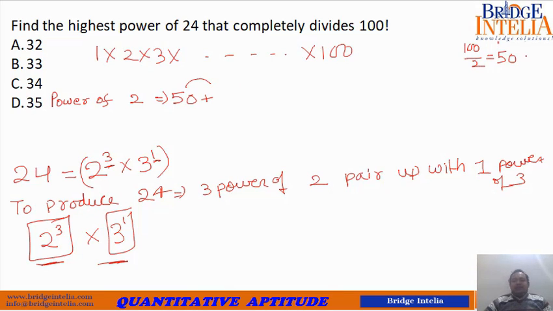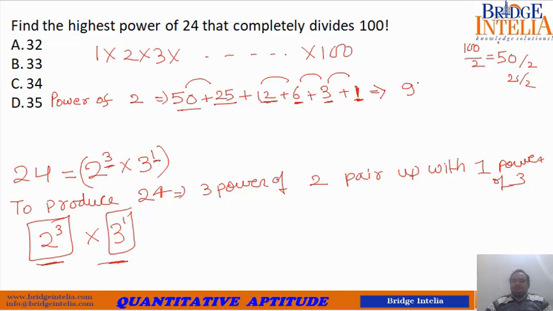So 50 plus 50 divided by 2, 25, plus 25 divided by 2, 12, plus 12 divided by 2, 6, plus 6 divided by 2, 3, plus 3 divided by 2, 1, plus there is no meaning to proceed any further. 50, 75, 87, 93, 96, 97.